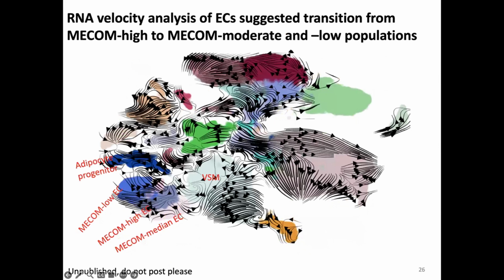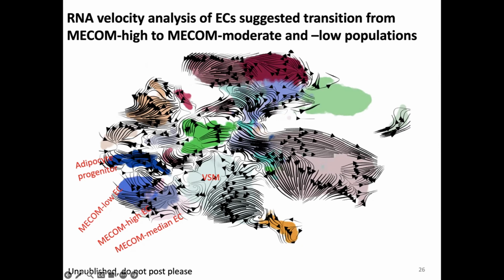Then we further performed RNA velocity analysis to infer the potential transition between those cell identities. Interestingly, we found that the endothelial cells with the lowest expression of MECON seem likely to be transitioning towards the adipocyte progenitor cell populations.